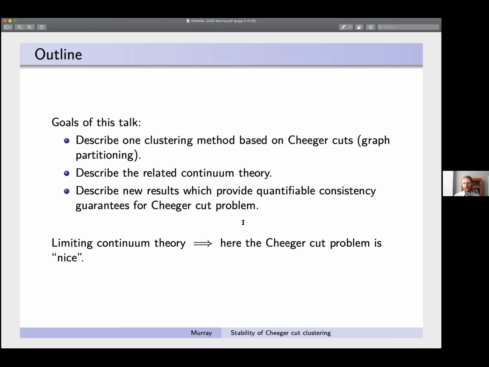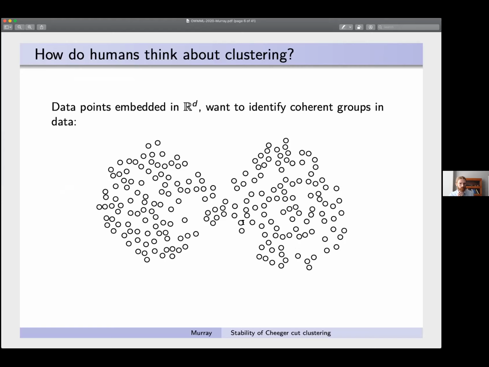This is something that I'm not going to attempt to make concrete yet, and in fact, we haven't made this completely concrete yet, but I hope the analogy makes it clear that there is something underlying this problem that is rather well behaved, and that we can use both to understand it and hopefully in the long run to provide a better theory for Cheeger cuts when we try to solve them directly on the graph level. Okay?